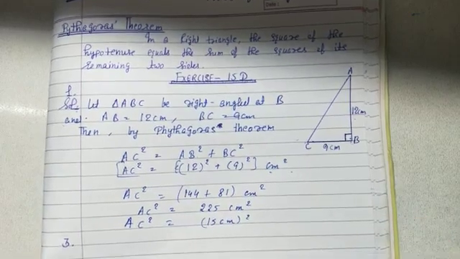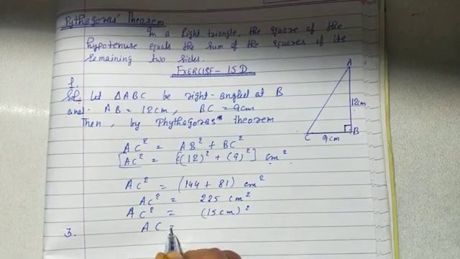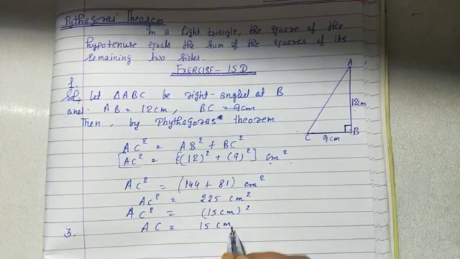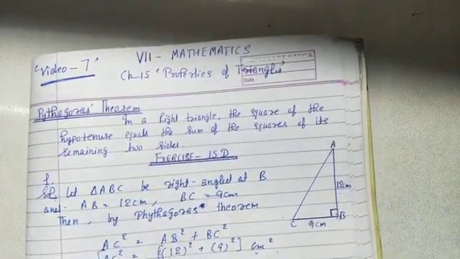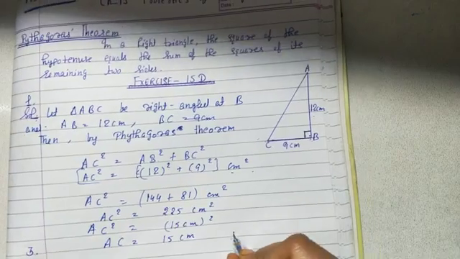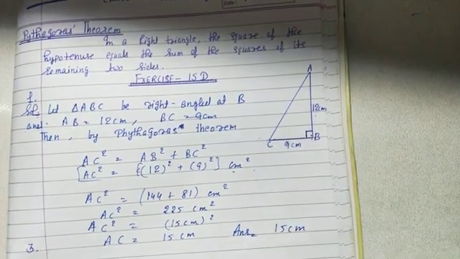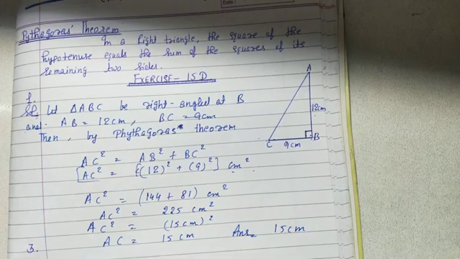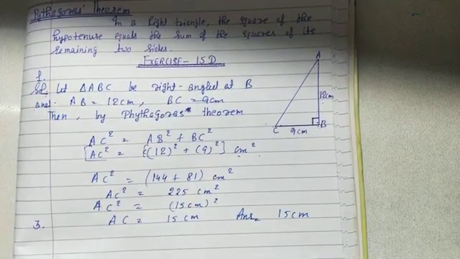You can do it in your head also. 15 square is 225, you are already aware. Then we will get AC as 15 centimeter. Our required result, what we have to find out, the length of hypotenuse. You will write the answer is 15 centimeter, or you can write that the hypotenuse of the above triangle will measure 15 centimeter. Okay class, now we will do our next question of exercise 15D.